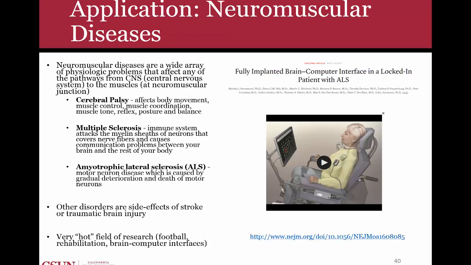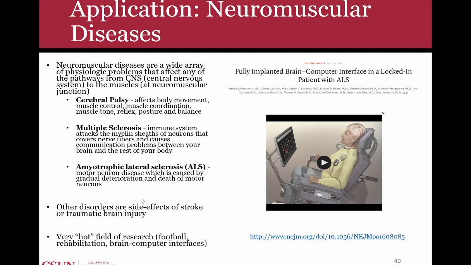So here's an example of where you can take the neuromuscular junction that you learned about in muscles and even EEGs and essentially make a device that helps people with neuromuscular diseases. I've named a couple here: cerebral palsy, multiple sclerosis, and ALS. These are different diseases.